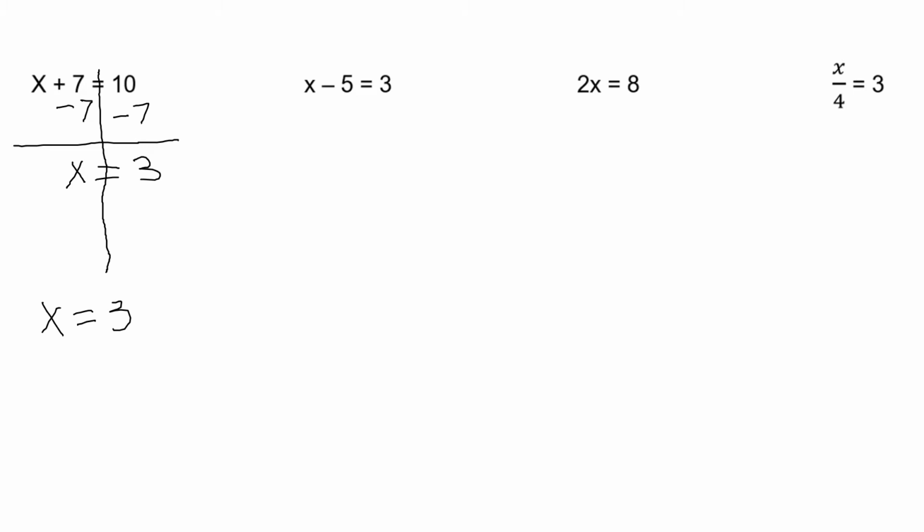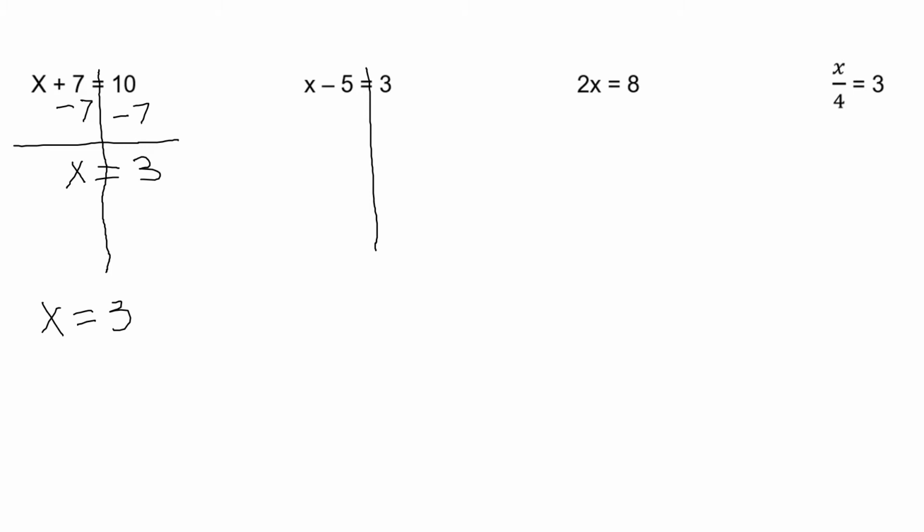Next one, again, solving the equation, x minus 5 equals 3. Again, if you need to draw that line, go ahead and draw it. And again, we have something with the x minus 5. So we need to move that 5 to the other side of the equation. And we're going to use the opposite of subtraction, which is addition.